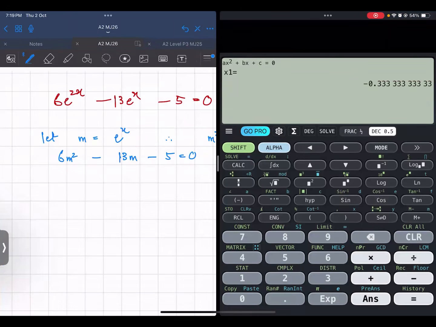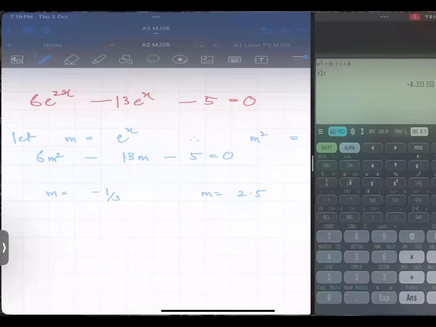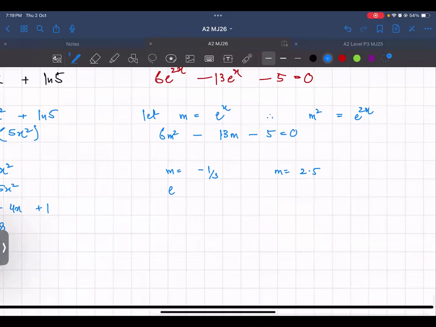So your m is equal to negative 1 upon 3 and m is equal to 2.5. But you need the answers for x, not for m. So you substitute the variable back. e power x is equal to negative 1 over 3 and e power x is equal to 2.5.